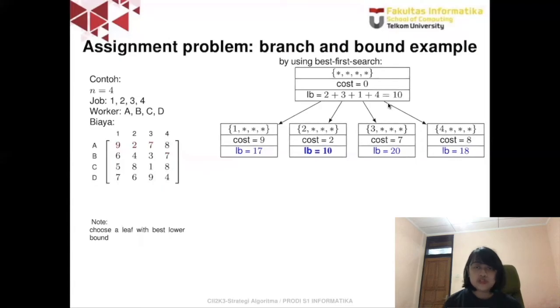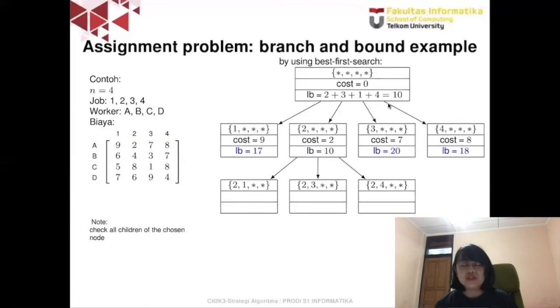So we choose that partial solution to check the children of the nodes. So the children will be to determine which job will be given to worker B. So worker B, because A is already given job 2, can be given job 1, 3, or 4.